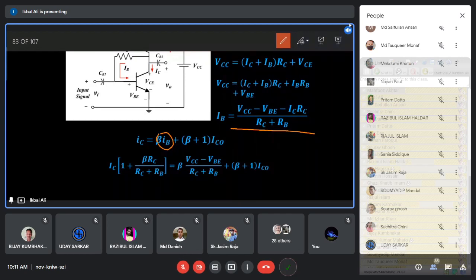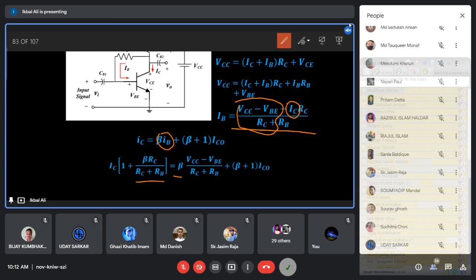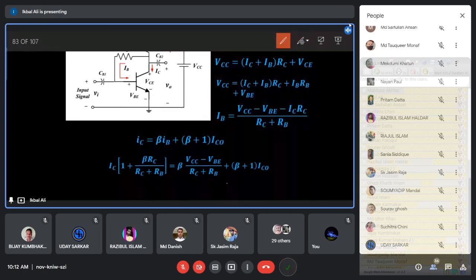If you arrange the IC term on the left hand side, it will become 1 plus beta RC by this term, and the remaining part will remain here: beta into VCC minus VBE by RC plus RB, and the second term of the equation, beta plus 1 into ICO. This is very easy to understand: we can get this equation by substituting IB into the original collector current equation.